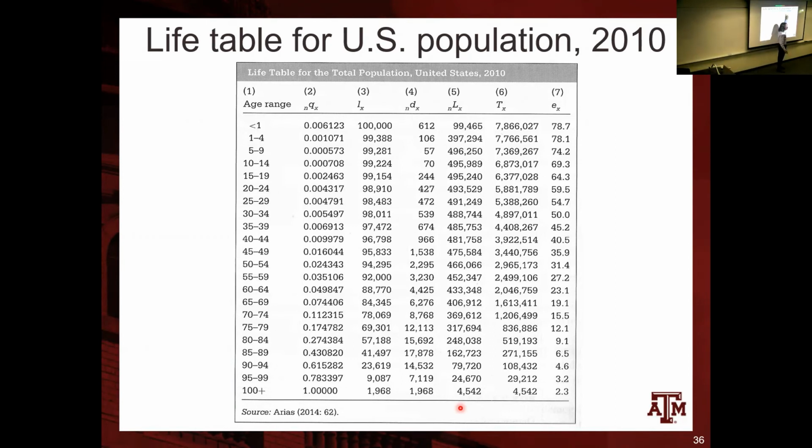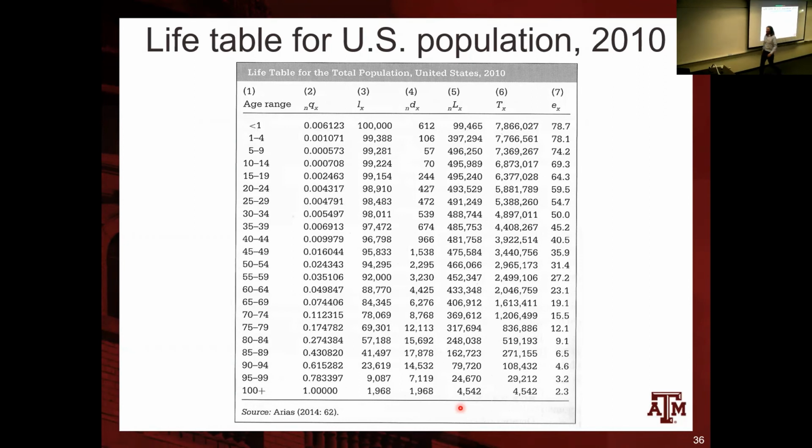The Tx column will do the cumulative result going from the bottom. So getting this number here, I get this number here. This number is the last one, so I will just repeat it here. 29,000 here is going to be 24,000 plus 4,500, 29,000.